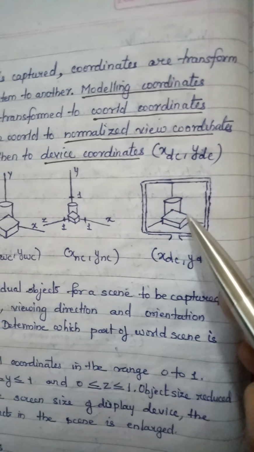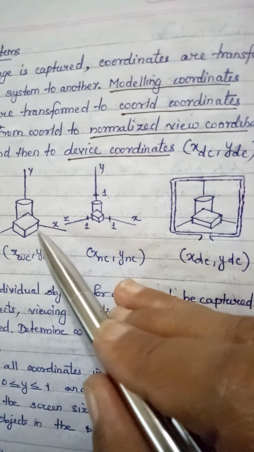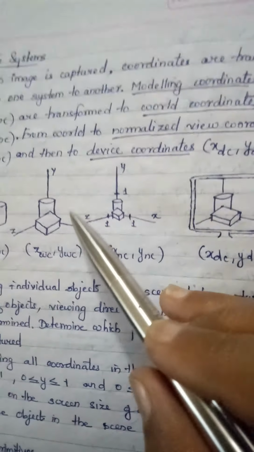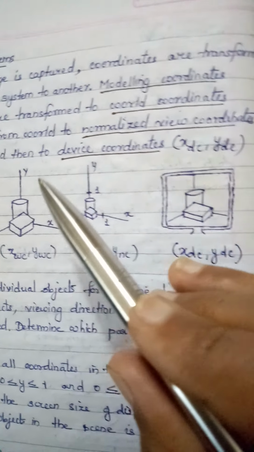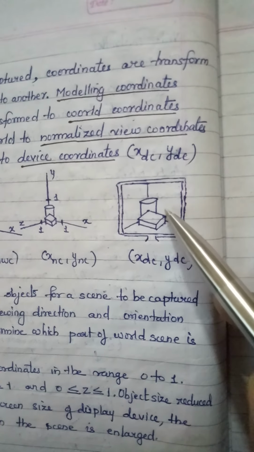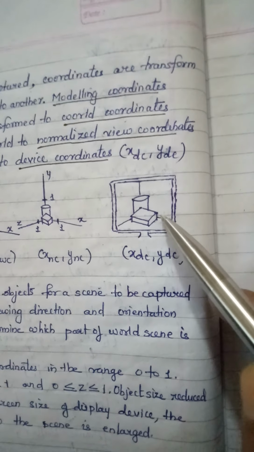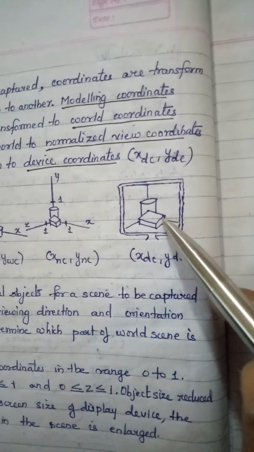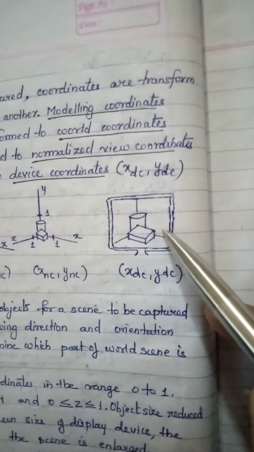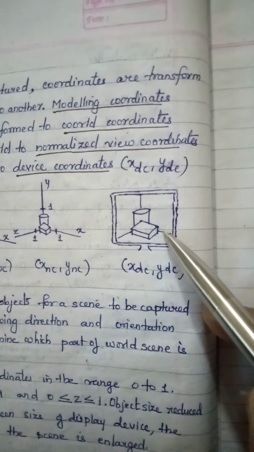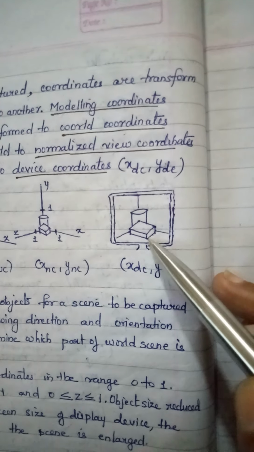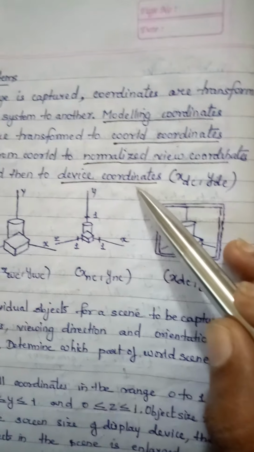If I am using a mobile, then the real life object will be transferred to the screen of the mobile. If I am using a camera, then from the real life the objects will be transferred to the screen of the camera. So whatever may be the device used for taking photograph, if the image is transferred to the screen of the device which is used for taking photograph, the final image displayed on the display screen is called device coordinates.